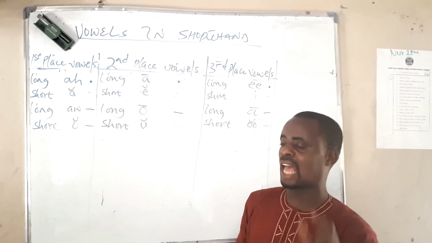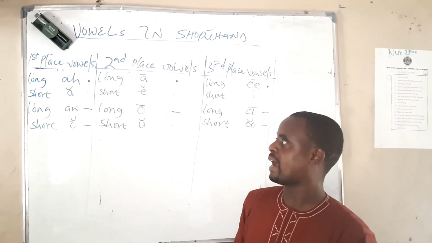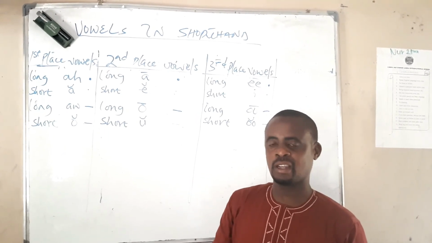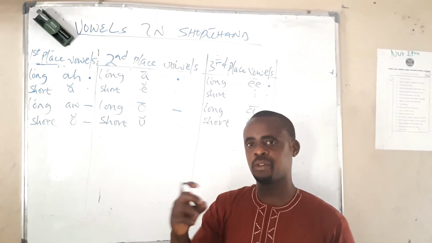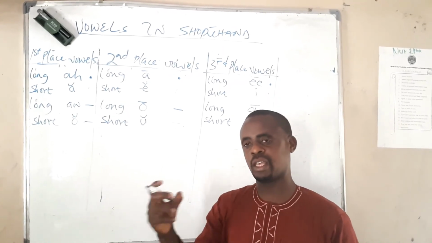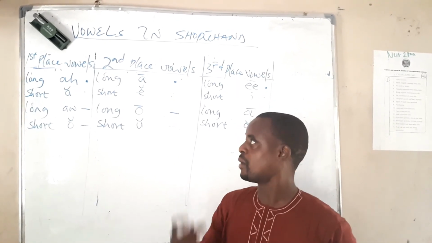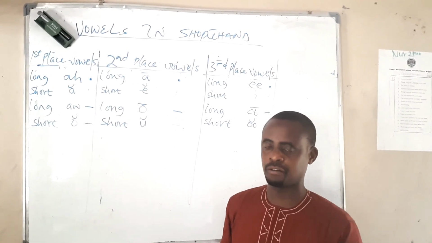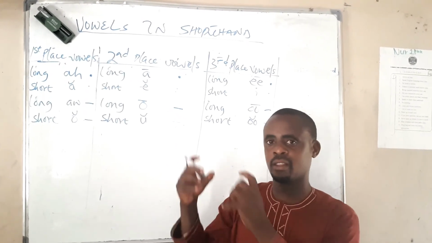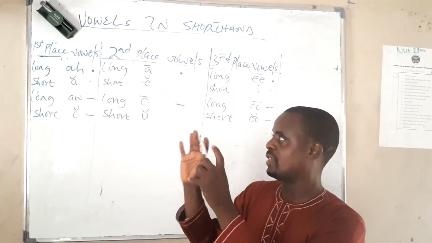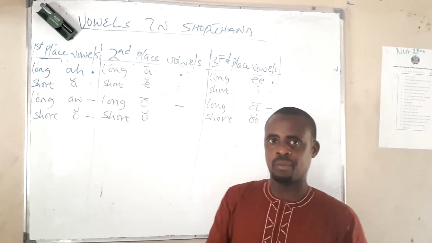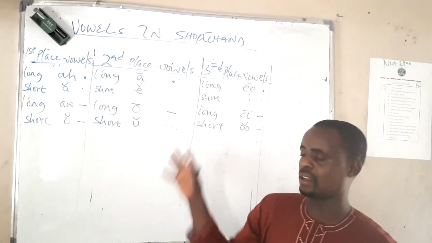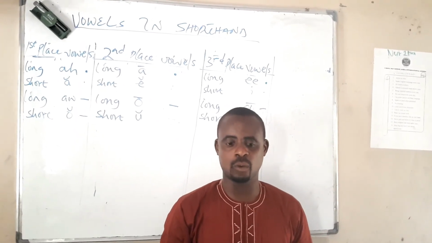This means we have 4 vowel signs, but 3 places along the stroke where the vowel sign should be placed: first place, second place, and third place. In the next tutorial we can see examples of these vowels for each place. Thank you for watching.